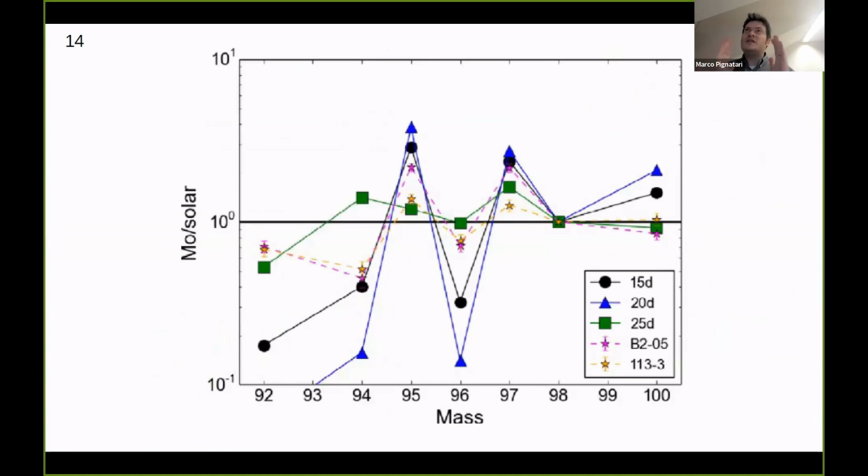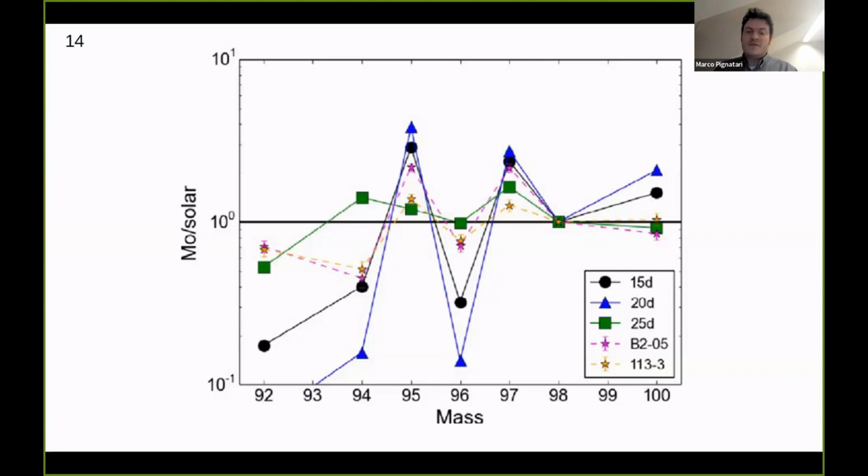The 95 and 97 enrichment is the result of a contribution of different regions of the shell. So instead of being one specific neutron density, it is a composition of different parts of the helium shell that, when we put them together, gives the molybdenum 95 and molybdenum 97 enrichment.